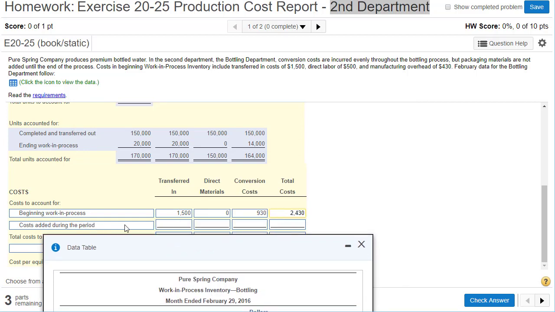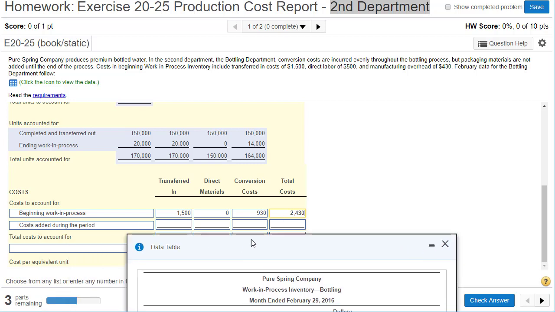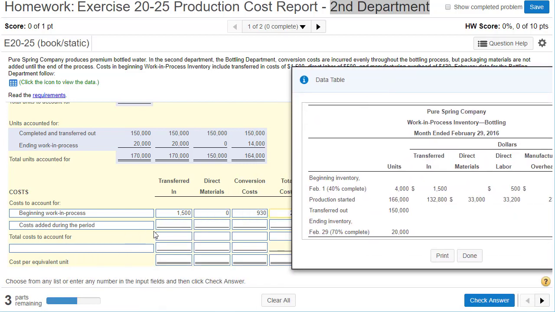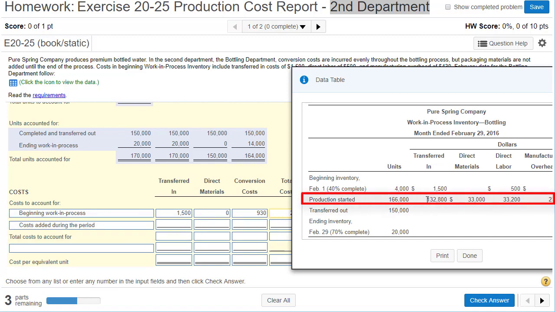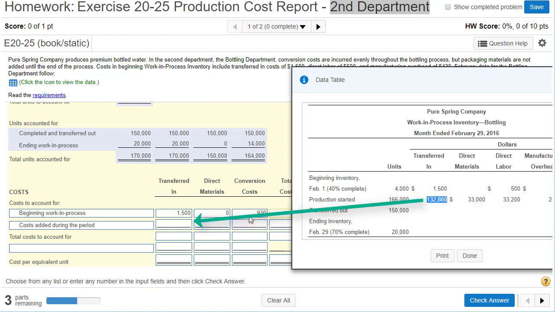Then we're going to move on to costs added during the period. And the first number we need is the transferred in costs. So these costs added during the period are the units that were transferred in from the previous department, and then we added our new costs to them. But the costs that were transferred in from the previous department are right here, $132,800. Paste that here.